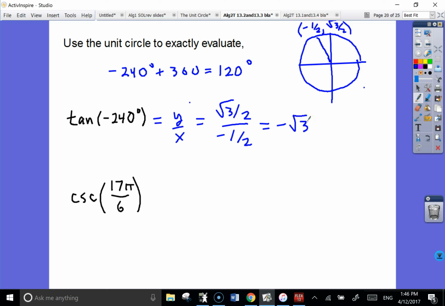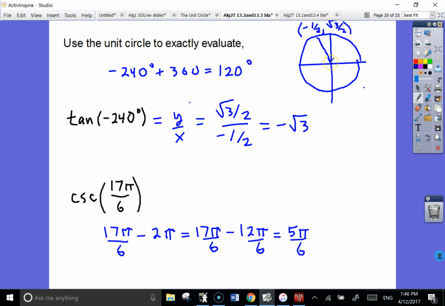How about 17 pi over 6? Is that on the unit circle? How can I find the coterminal angle which is on the unit circle? How about subtract 2 pi? That'll be 17 pi over 6 minus 12 pi over 6, which is 5 pi over 6.